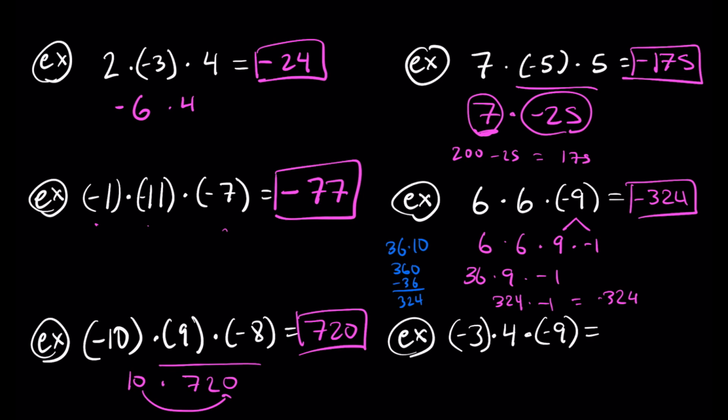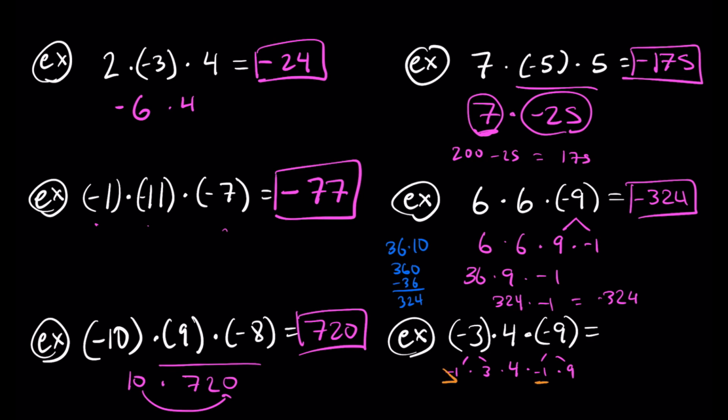Last one, negative 3 times 4 times negative 9. I'm going to do that again, actually. So I will split this 3 up into negative 1 times 3. Then I got times 4. And then I got times negative 1 times 9. And I'm going to do this, again, you can do these numbers in any order. You can multiply them in any order. Negative 1 times negative 1, well, a negative times a negative is a positive. 1 times 1 is 1.